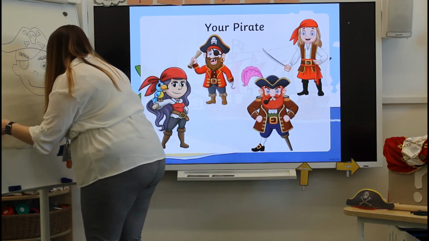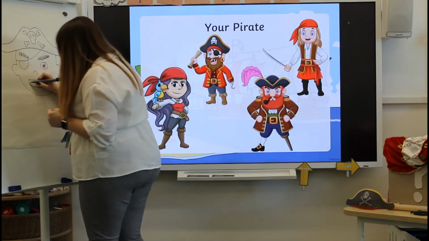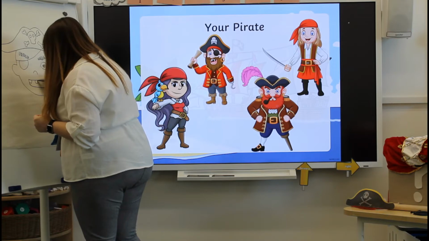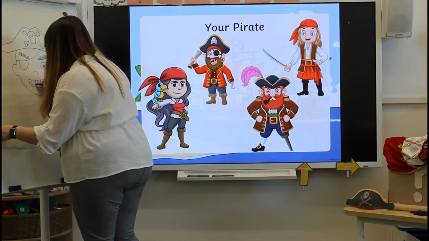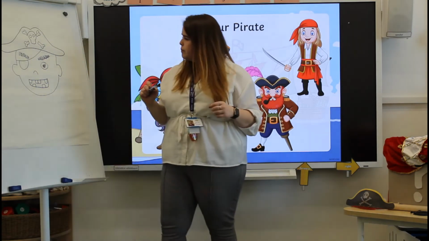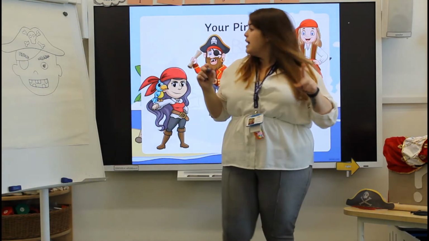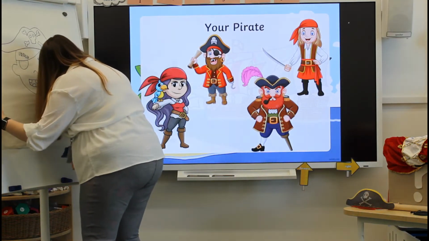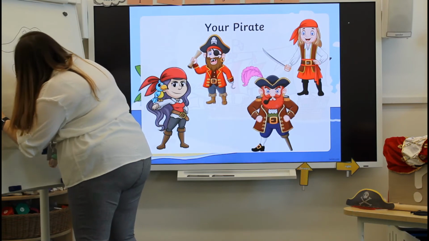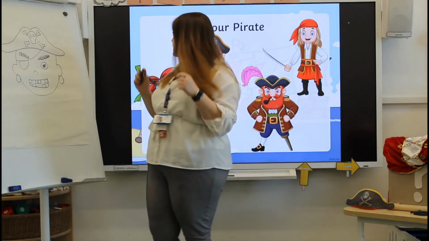He looks quite angry. And he's not going to have all of his teeth, because I'm sure they wouldn't have had dentists where they were. So he hasn't got all his teeth, he's only got a few. What else do I know about pirates? They like to have gold and silver jewellery, so I'm going to give him some big gold hoops in his ear. It's quite scary already.